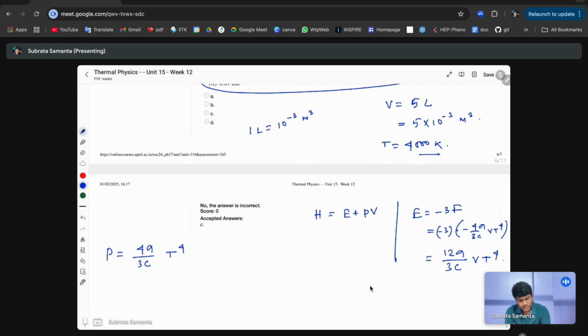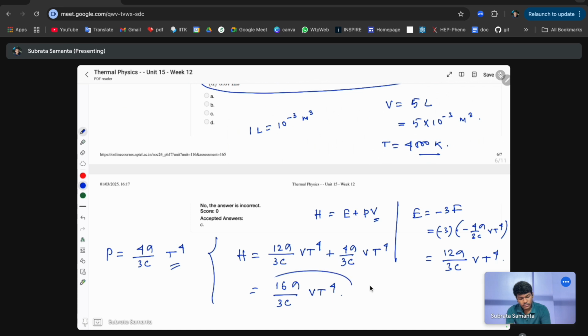So therefore H is equal to 12 sigma over 3c Vt to the power 4 plus 4 sigma over 3c again Vt to the power 4, because T to the power 4 times V is PV. So therefore 16 sigma over 3c Vt to the power 4.